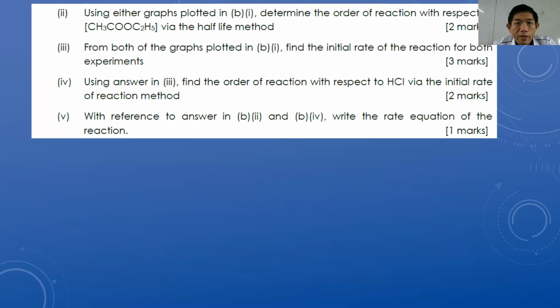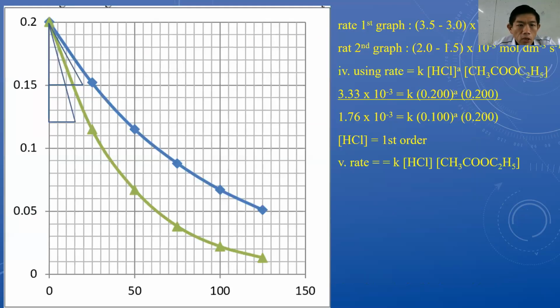You have to first plot the graph of the questions. So once you plot the graph in here, the blue line represents the concentration of HCl at 0.100, while the green line here represents HCl at 0.200. So you get 2 different graphs in here.